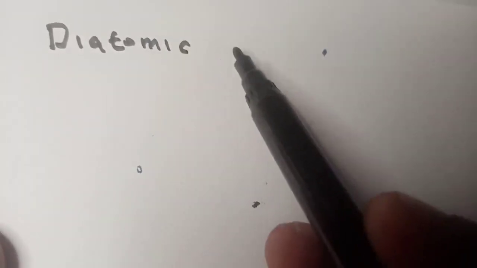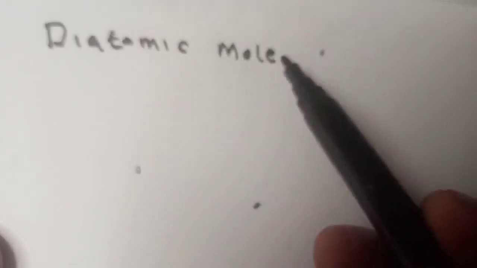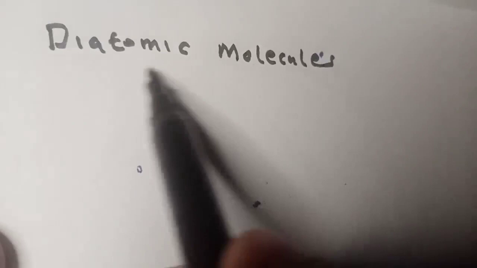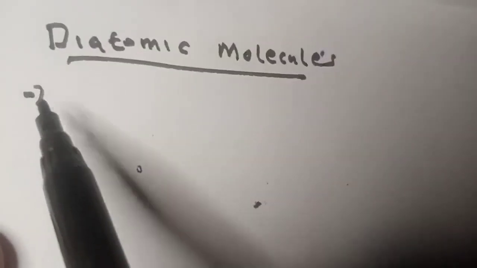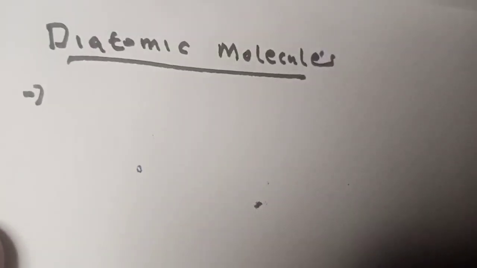Let's look at diatomic molecules. Now, diatomic molecules, this is the second type of molecule.